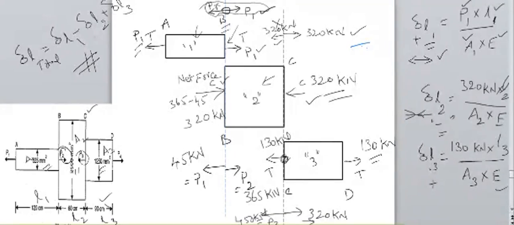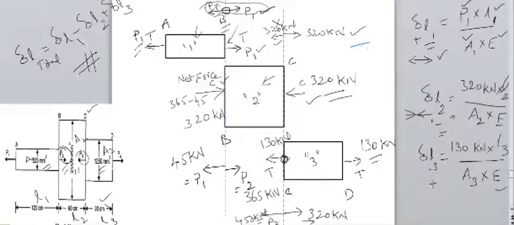Here P1 is remaining in this portion, and we have P2.